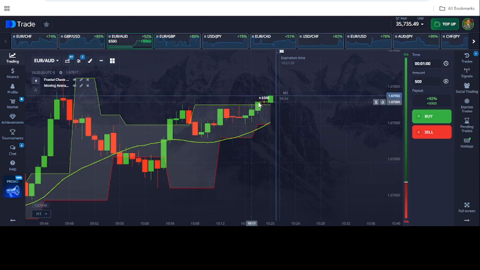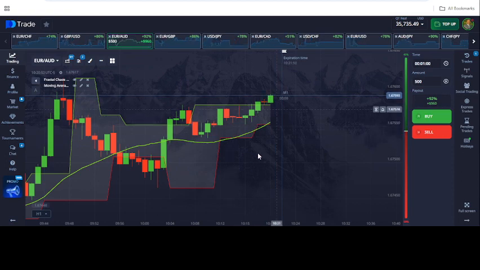And more importantly, this candle here closes above the upper boundary of the Fractal Chaos Band line here. So I took the trade right in here. This signifies a bullish breakout to the upside in the price of the currency pair. So let's monitor this trade and wait for the expiration.